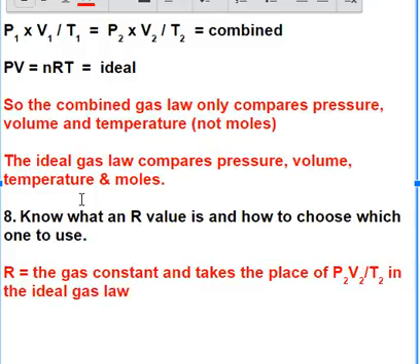Can you imagine how complicated the ideal gas law would be if you still had P2, V2, and T2 in there? Instead, it's just a constant you look up.